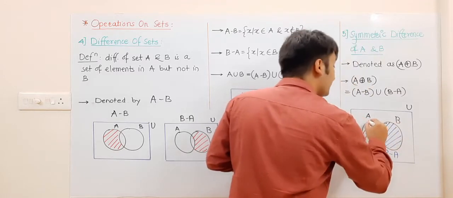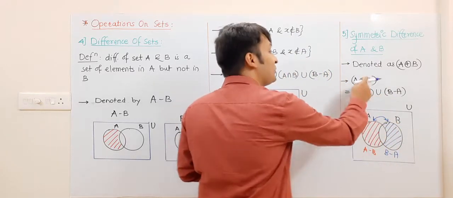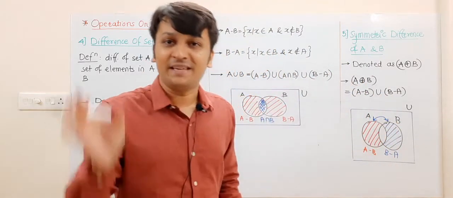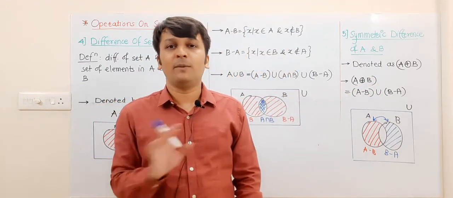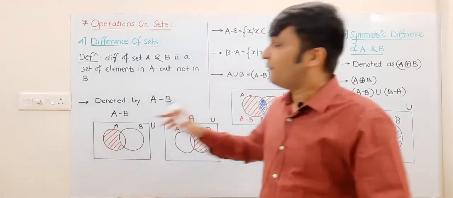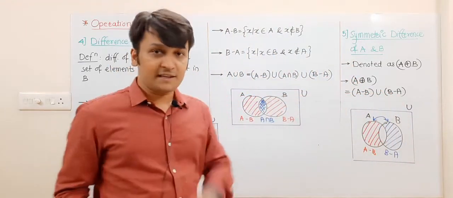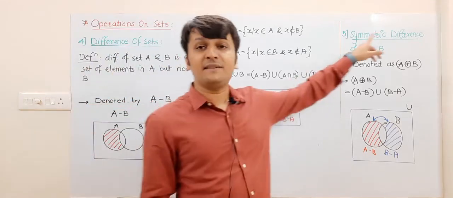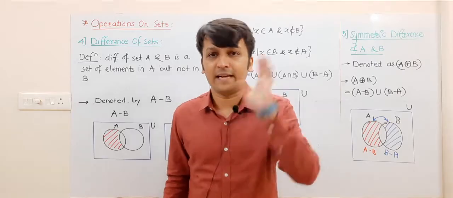And the union of these two is going to be A symmetric difference B. Remember, this is the symmetric difference of any two sets, and this is all about basic operations. First operation we did was complement, second is union, third is intersection, fourth is difference, fifth is symmetric difference. Here we concluded all basic operations of sets.